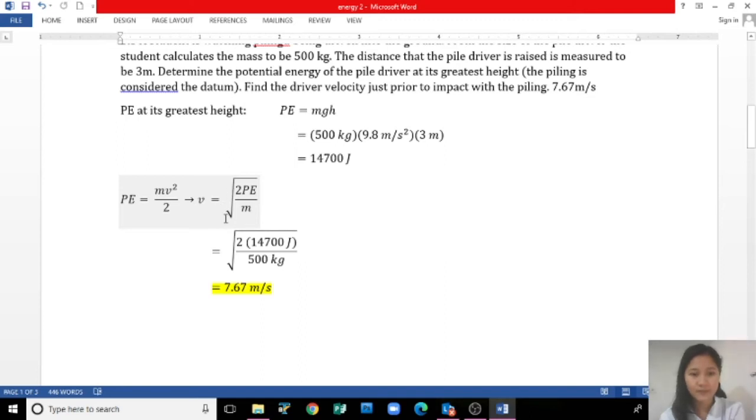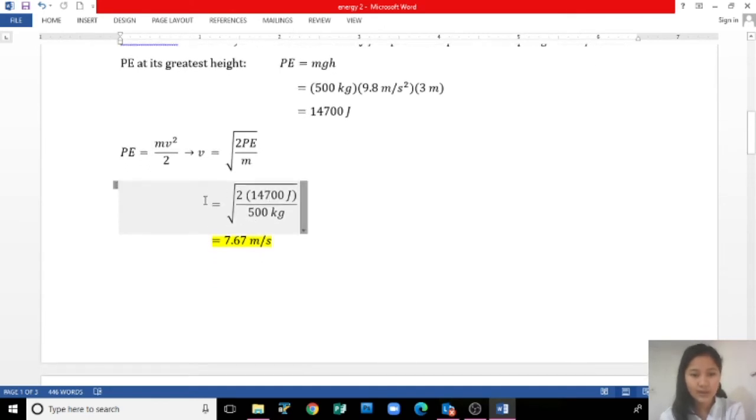So from the previous equation, we already derived the value of PE, which is equal to 14,700 joules. So I just substituted it to the formula, and then the velocity is equal to 7.67 meters per second.